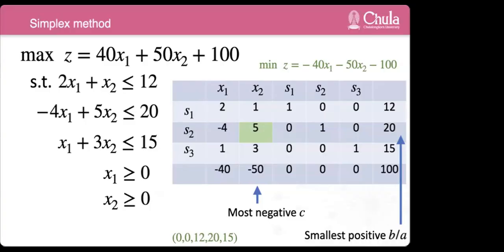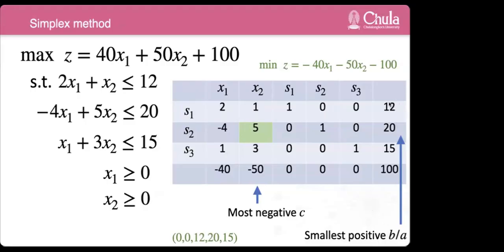But if we want to include x2 as a basic variable, we have to remove one of the original basic variables, because there are 2 non-basic variables and 3 basic variables. If you add x2 to be a basic variable, you have to remove something.